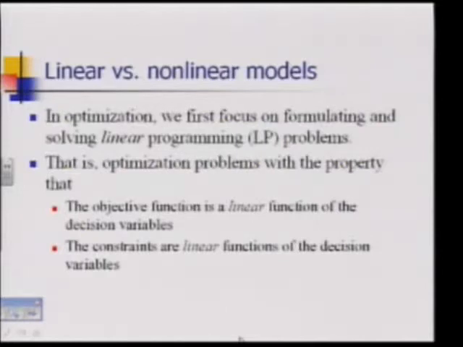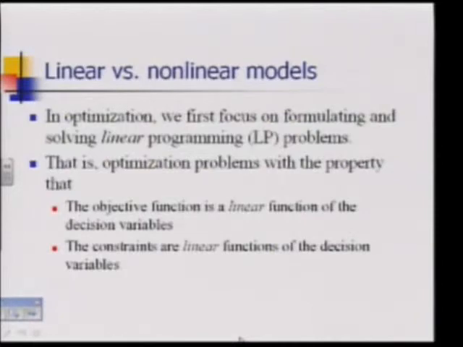If the objective function is a linear function of the decision variables, for example f of x, where x has to be a vector, then f of x is a linear function, which means what? It equals just a linear combination of those decision variables x1 through xn.